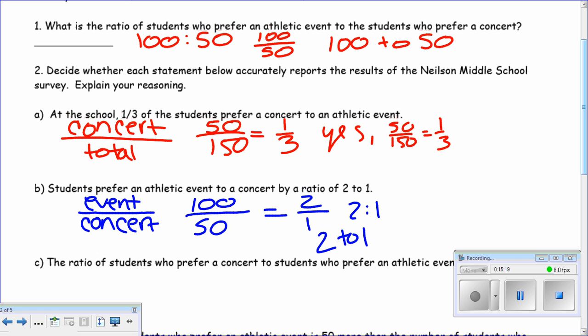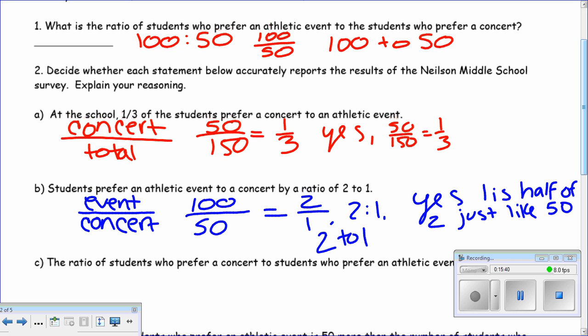So yes, all of these forms are correct, because 1 is half of 2, just like 50 is half of 100.